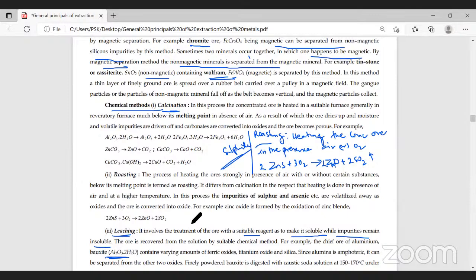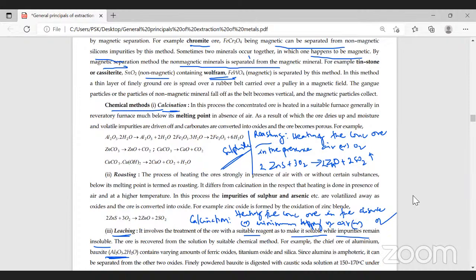Now calcination. Calcination is heating the concentrated ore in the absence or minimum supply of air or oxygen.